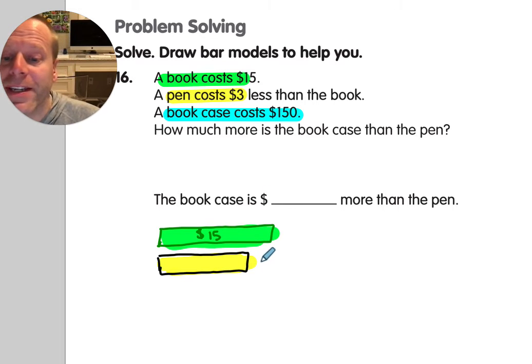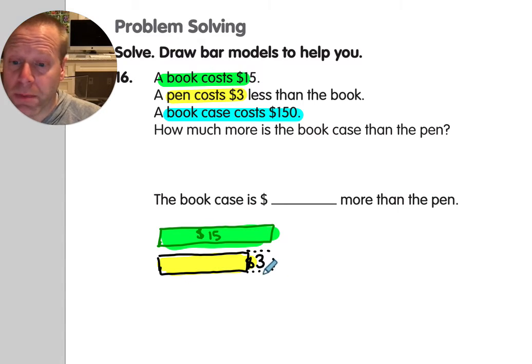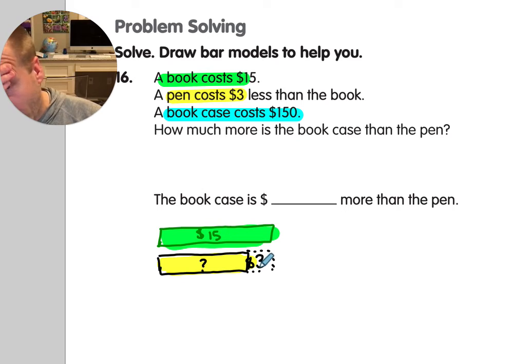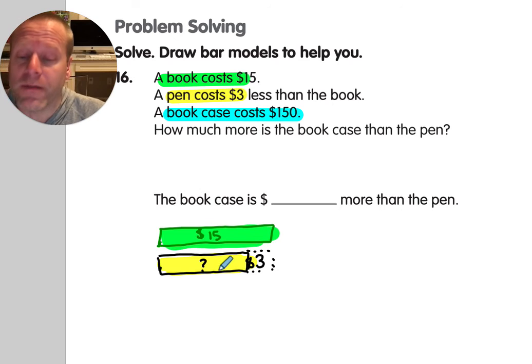We do know the difference is $3. It costs $3 less. So we know the difference part, we know the book part, but we don't know the pen part. So we have to take the whole thing we know, subtract the 3 part to get what's left, to get the difference, to get the cost of the pen.